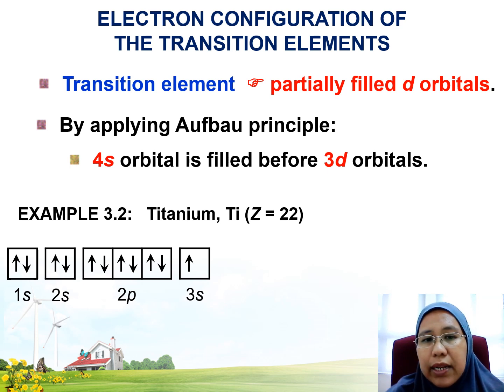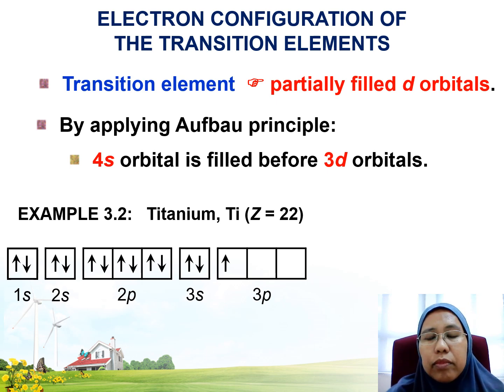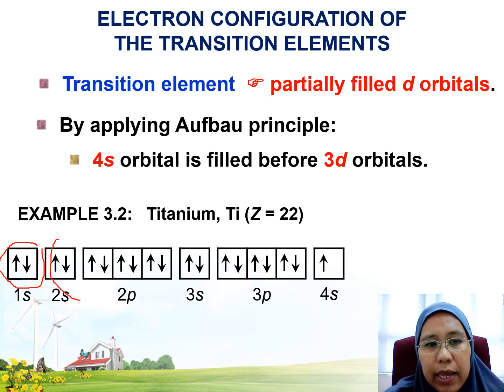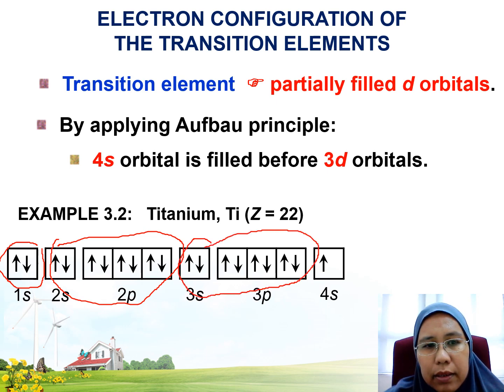And then after that, 3s occupies 2 electrons, and 3p also occupies 1, 2, 3, 4, 5, 6 electrons. How many do we have already? This is 2, this is 8, 10, this is 2 and 6, 18.